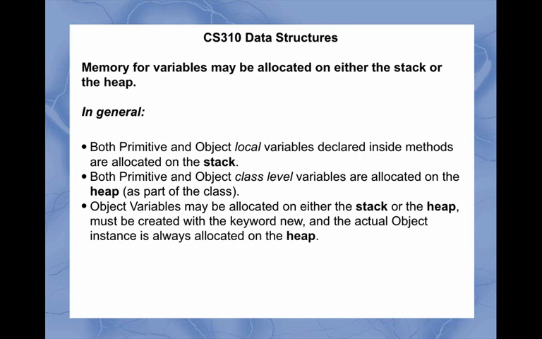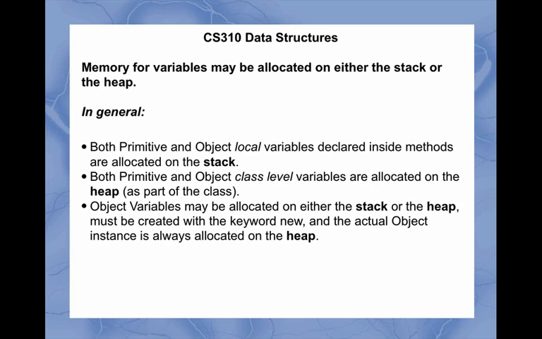Memory for variables can be allocated either on the stack or on the heap. This is not quite as important as understanding the behavior of these reference variables, but it is important, so we want to talk about this for a moment. Primitive and object local variables. By local variables, I mean variables that are declared inside of a method.